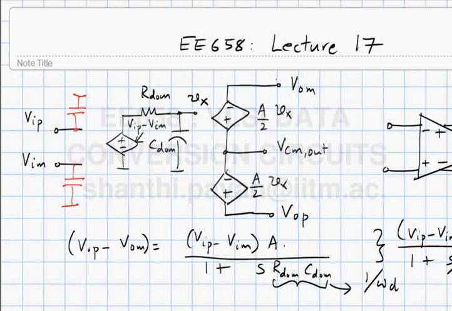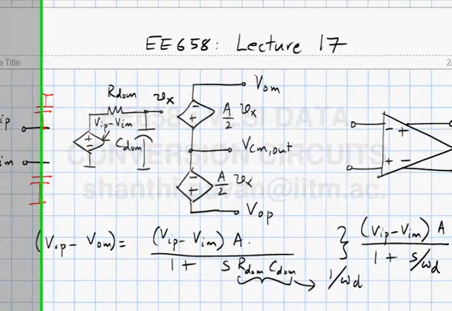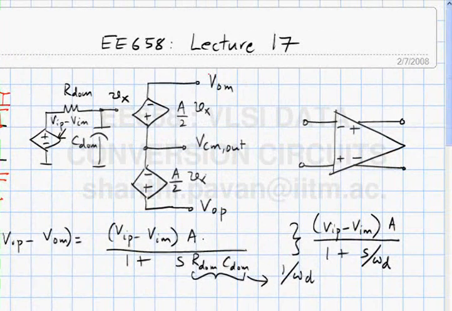There is going to be some output capacitance at VOP and VOM, and at any rate, the input current flowing in is 0 if the fully differential op amp is realized using MOS transistors. With bipolar transistors, of course, there will be base current, which makes them quite unsuitable for switch capacitor applications.